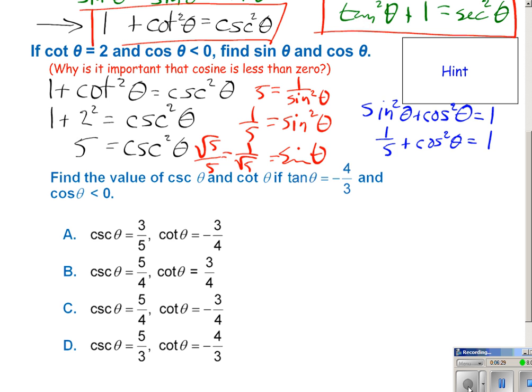And if we subtract the 1/5 from each side, we have cosine squared of theta equals 1 minus 1/5, or 4/5. Taking the square root, cosine of theta is 2 over the square root of 5, or 2 square root of 5 over 5.